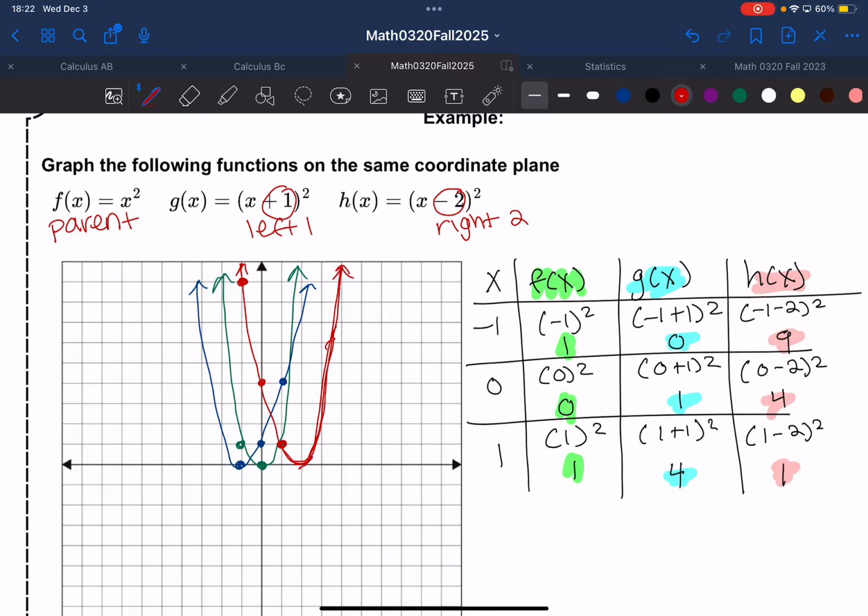You can go ahead and try the next one if you're already done writing this down. We have a minus 7. So that tells us we're going to move what direction? Right. How many? 7. Once you're done writing down this example, you're trying the next one.